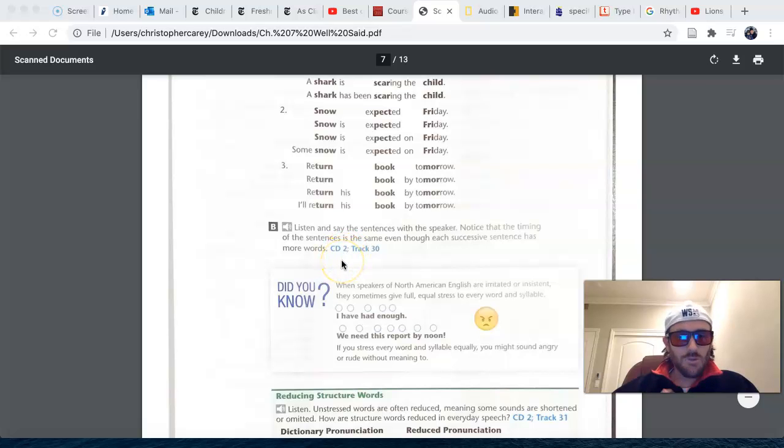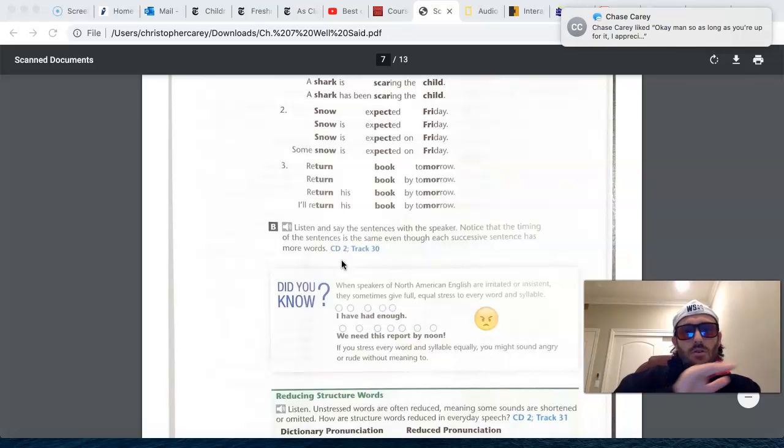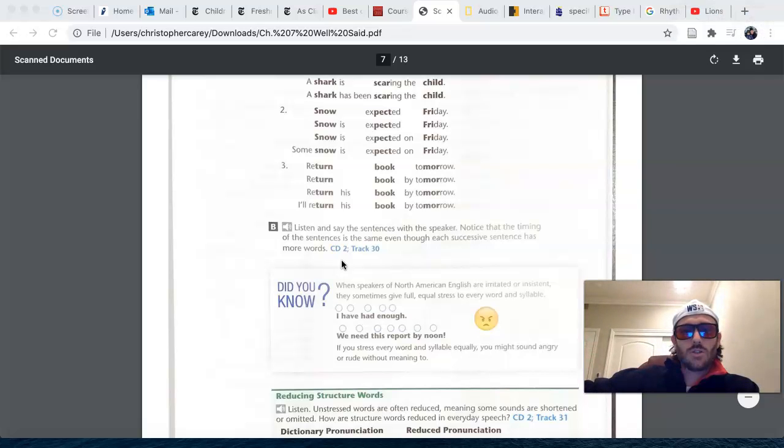So in English, you want to make sure that you're distinguishing between content words that should be stressed and function words that should be reduced or unstressed. In North American English, you can oftentimes come across as being angry or mad if you stress all of your words, even though they may not be content words.